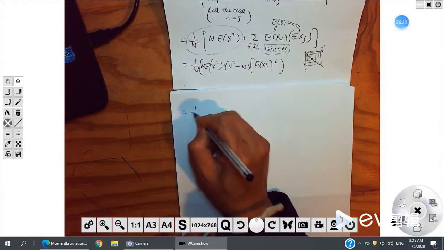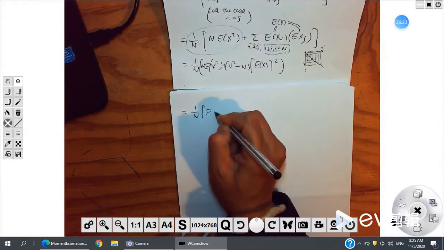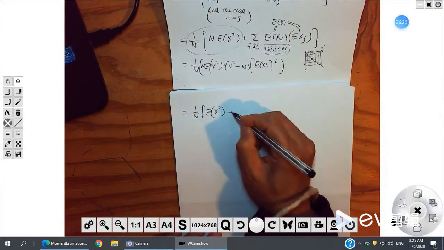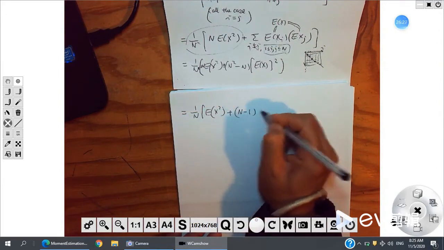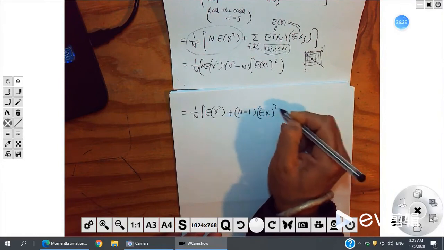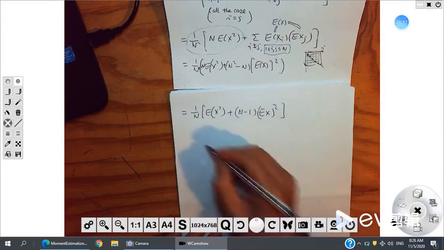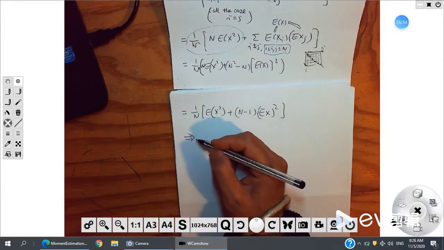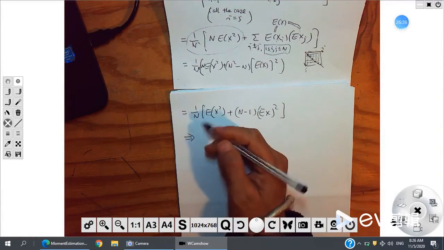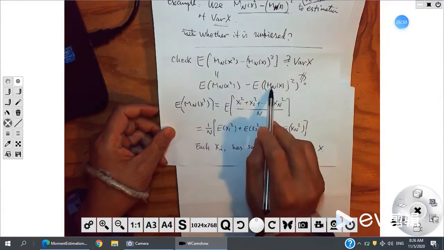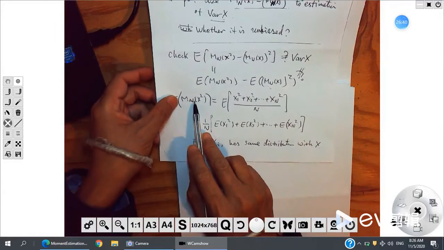This is 1 over n times E of x squared plus n minus 1 times E of x squared. So we have the overall thing with two terms, and for each term I get the result.